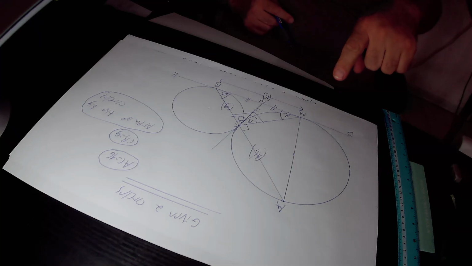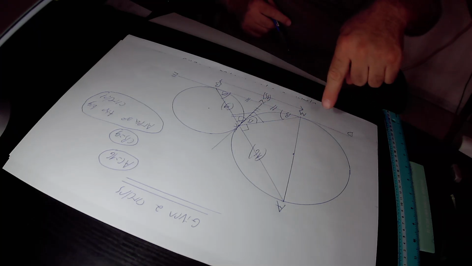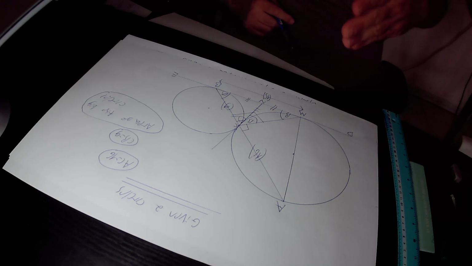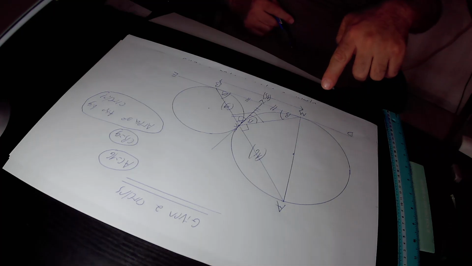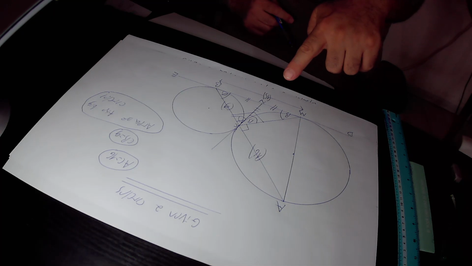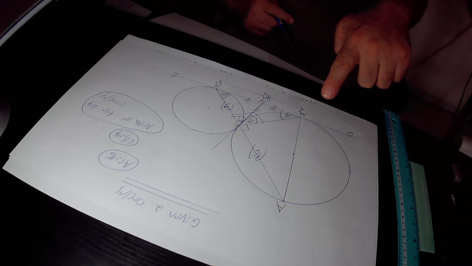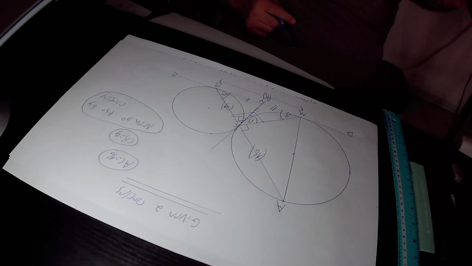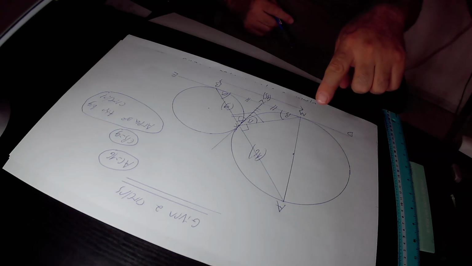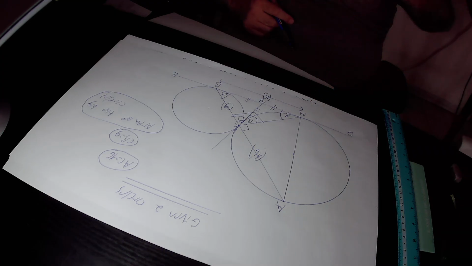Because peripheral angle ACM subtends chord AM, according to rule 5, chord AM must be the diameter of the circle. And therefore, chord AM is the diameter of the circle.